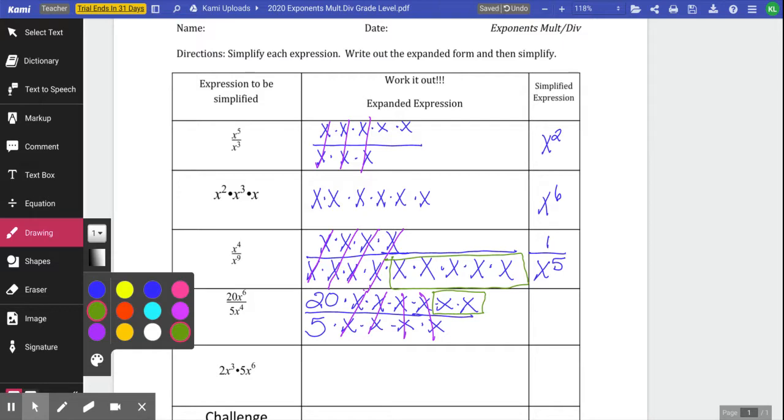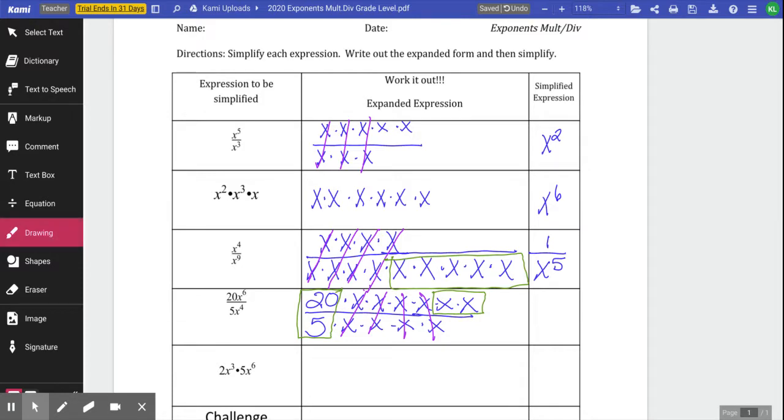But I'm also left with this 20 divided by 5. And we can do 20 divided by 5. 20 divided by 5 is 4. So when I write this as my simplified expression, I have 4, and that comes from the 20 divided by 5. And then I have 2 x's in the numerator, so x squared. And that would be the simplified expression.